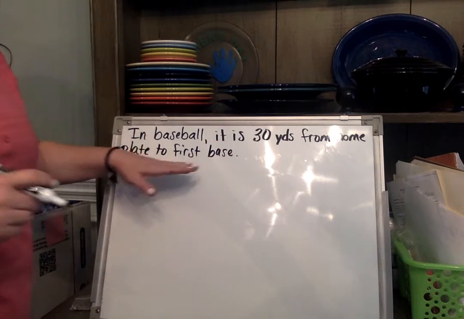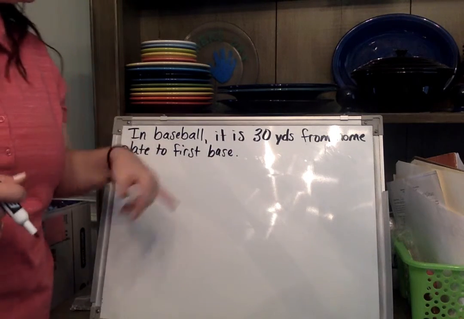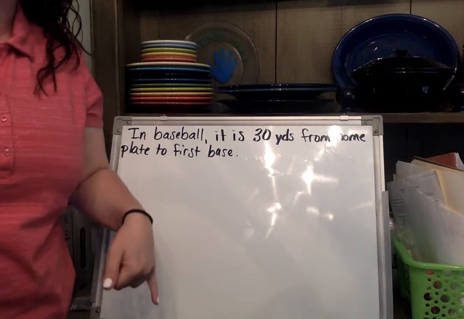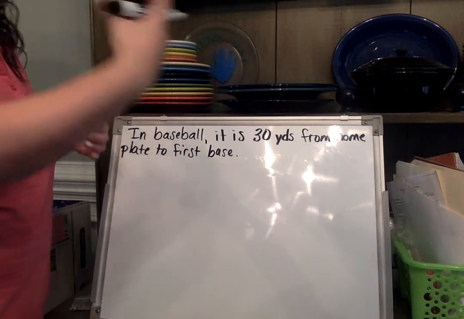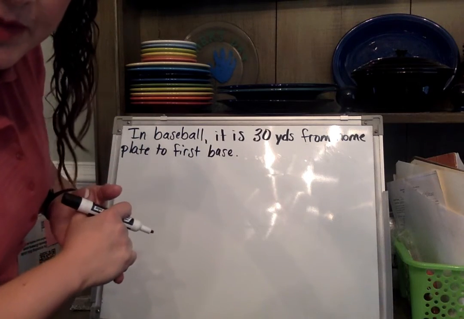Home plate's where you would start if you were going to hit the ball and you run to first base. You have to tap it first. You can't just run to second. You have to go to first, second, third, then back to home plate. You have to go in that order.